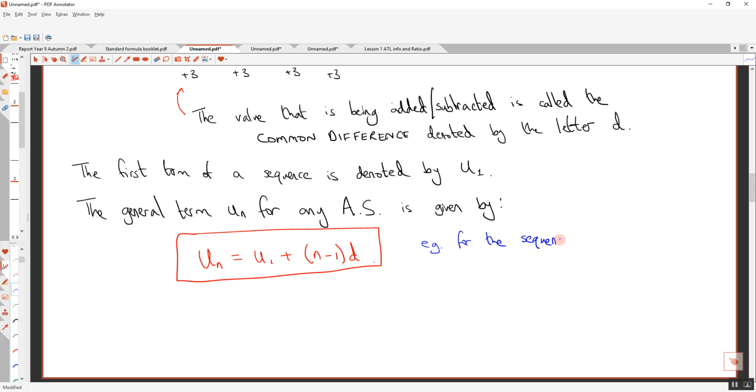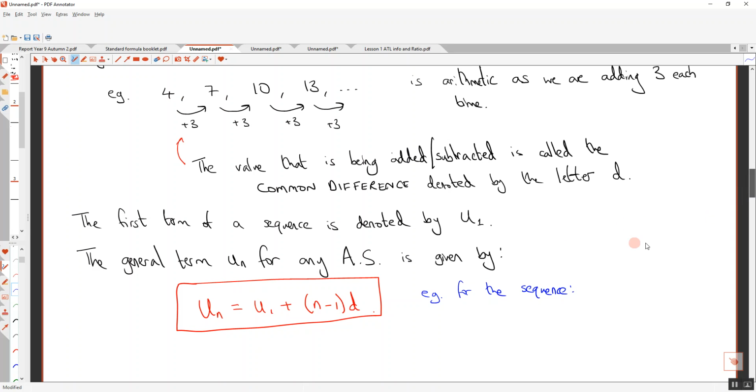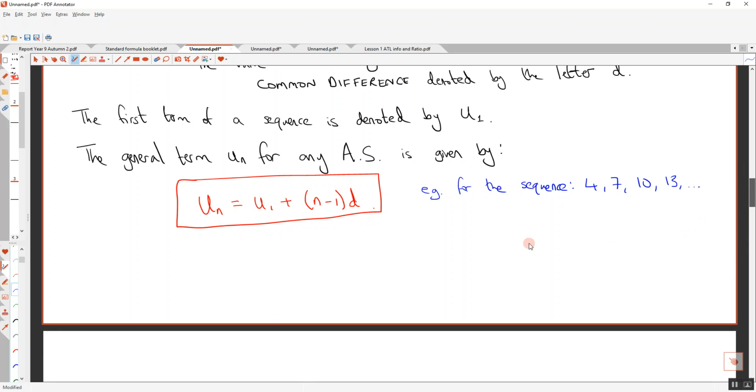So for the sequence, just to check Ashlyn was right, 4, 7, 10, 13, and so on. If we plug in everything that we know, we want a formula for the nth term, which is un. The first term in the sequence is 4, so I'm going to put that in first. 4 plus n minus 1 multiplied by d.